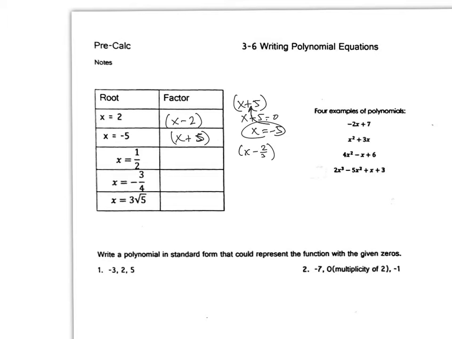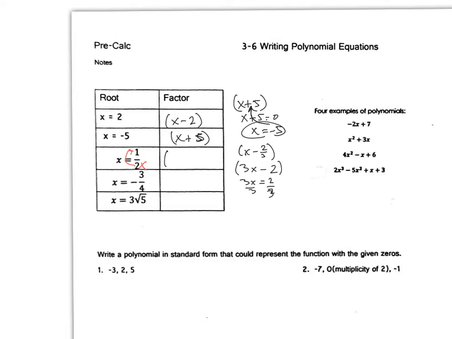What happens is you end up with something like this when you factor: a factor that might have a number in front of the x, and then you would set this equal to 0, so we get 3x equals 2, and then divide by 3, and that's how you get the 2/3. So the pattern is take the denominator and put the letter with the denominator and do the opposite of the numerator.